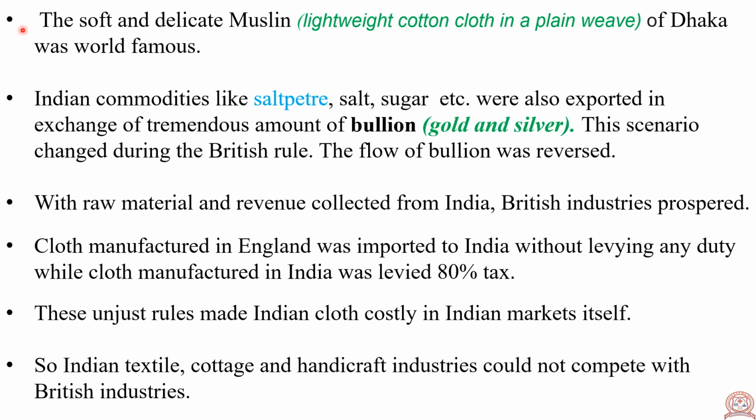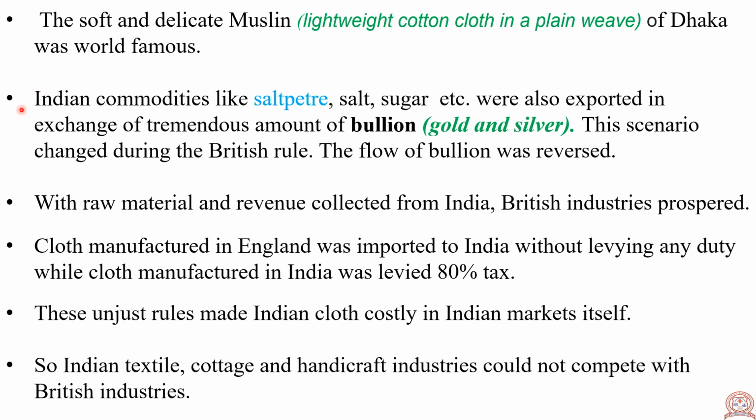The soft and delicate muslin of Dhaka was world famous. Muslin is lightweight cotton cloth in a plain weave. Muslin is a cloth used in dressmaking, furniture polishing, etc.